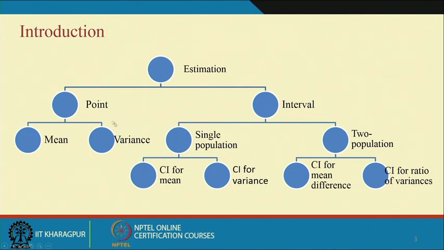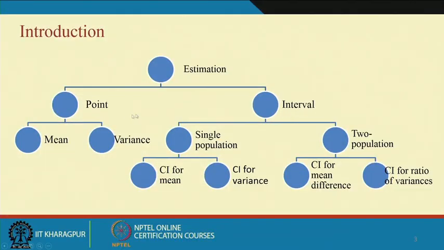But as a sample statistic is a random variable, it can take a large number of values. So, what we require is a distribution of that statistic, and from that distribution we will find some interval with a certain confidence level, that the population parameter will lie within this interval with the confidence level as specified.